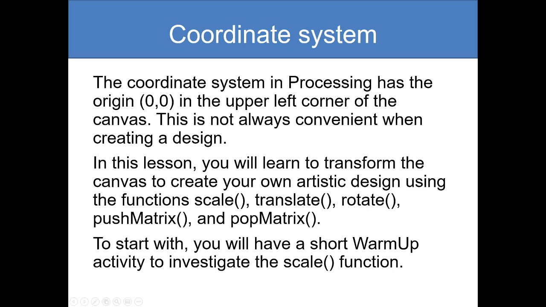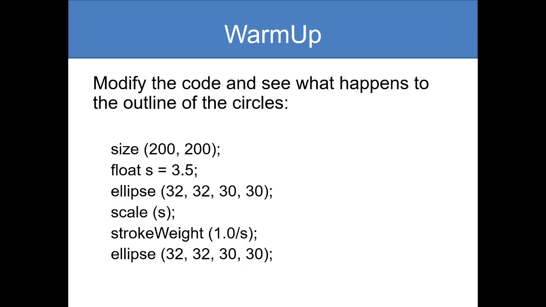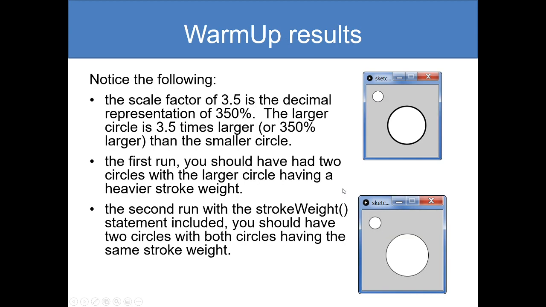So we just already started with this warm-up activity to investigate some of that scale function. We modified it like this. We did this part and we got this, and we noticed that the stroke weight here changes. It actually matches up. The scale factor of 3.5 is the decimal representation of 350%.